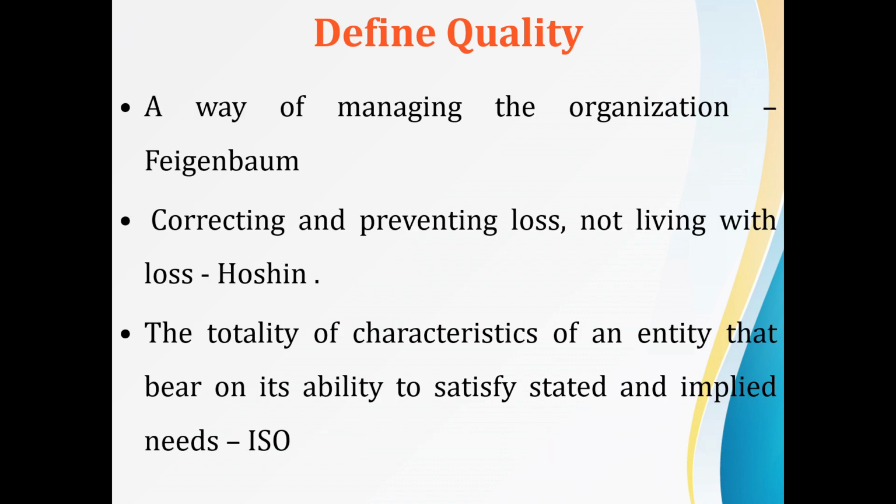And according to Hassan, quality is defined as corrective and preventive methods for loss. So it is not that we are using a product which poses losses. According to him, quality means we should correct or prevent the losses.